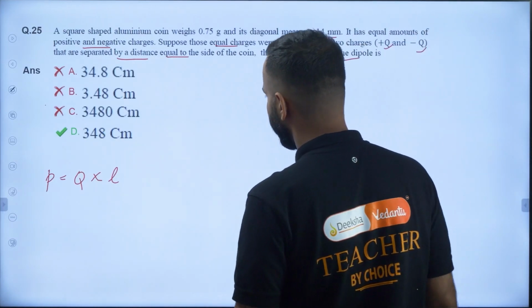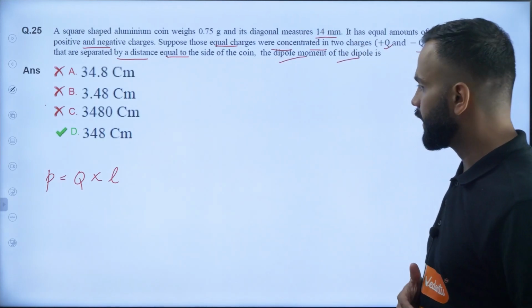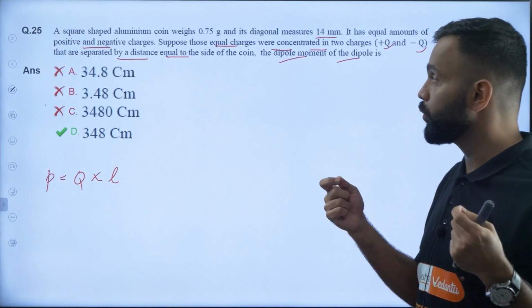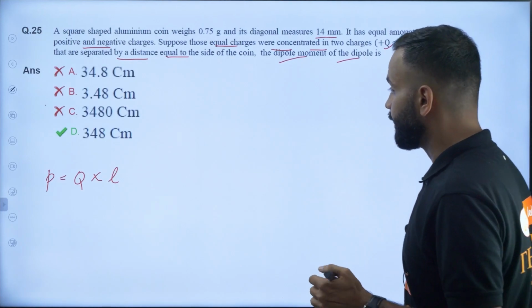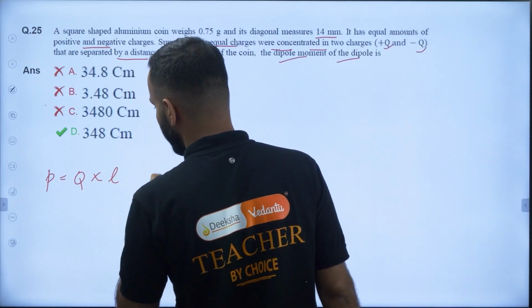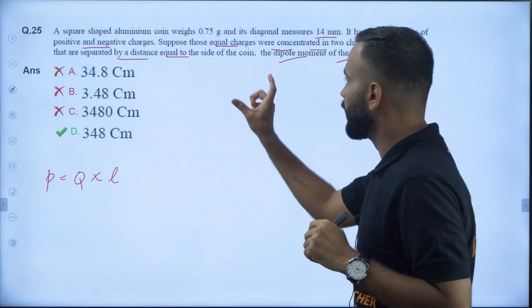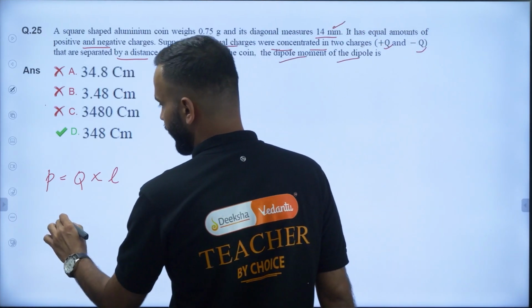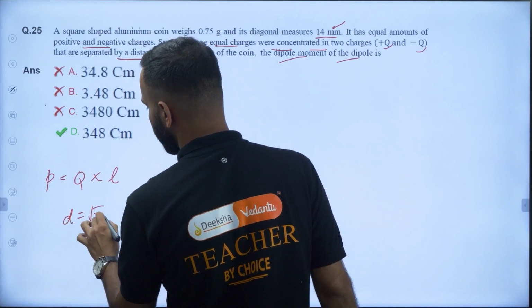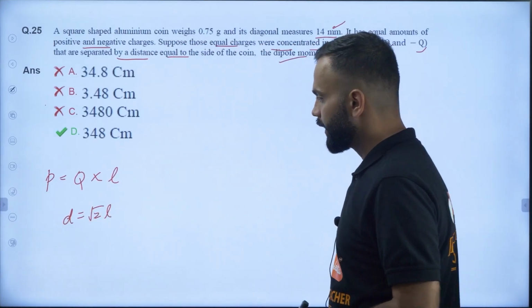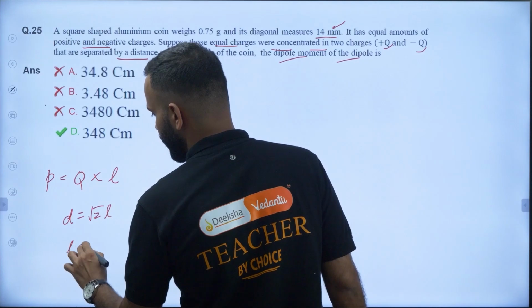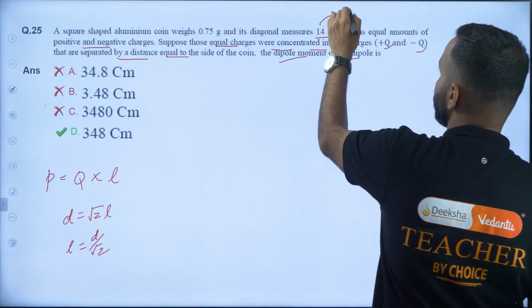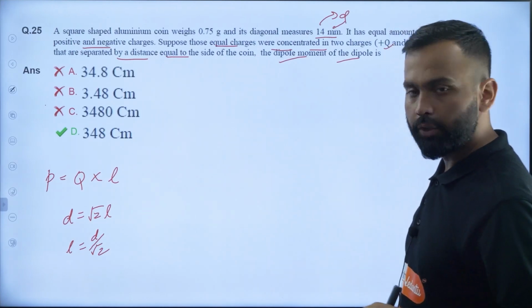So let us find L. The diagonal of the square is given, 14 millimeter. We know that diagonal D is equal to root 2 times the side of the square. So L is equal to D divided by root 2, where D is 14 millimeter.